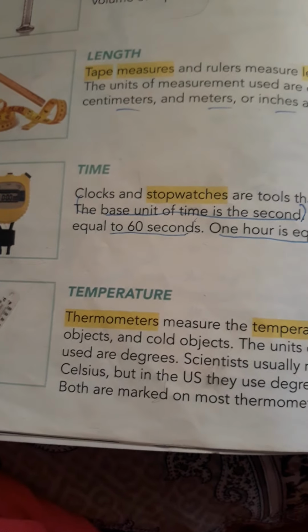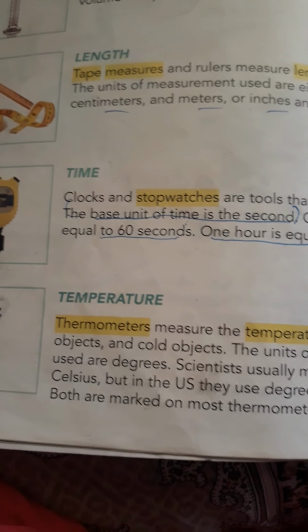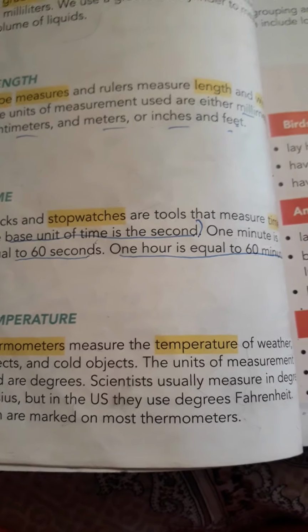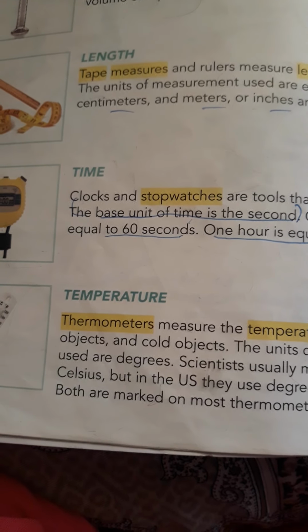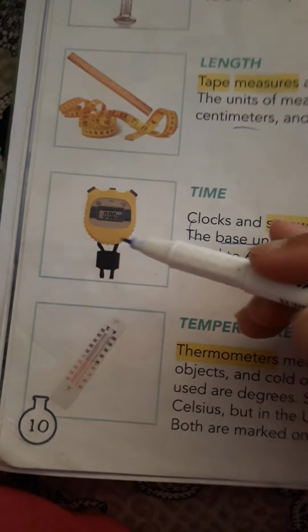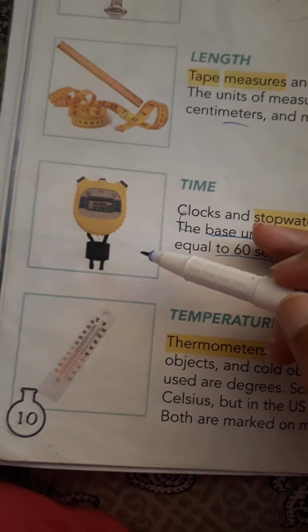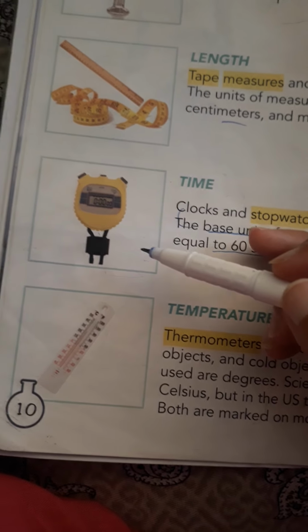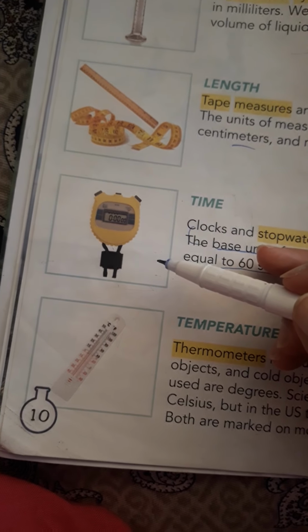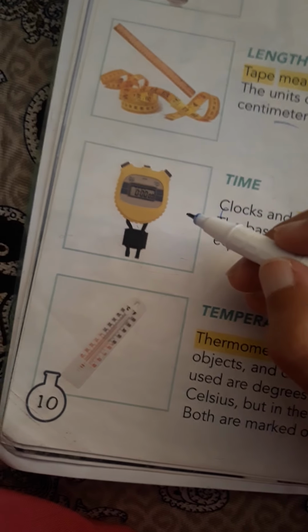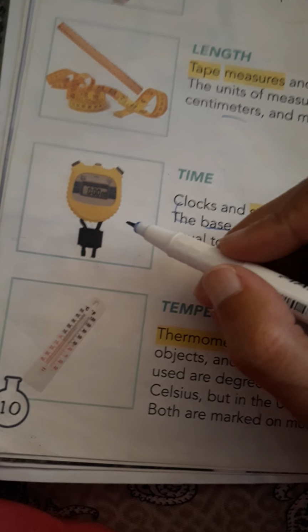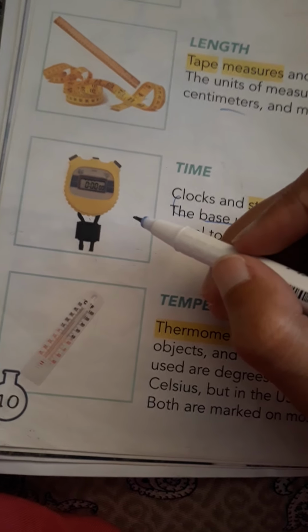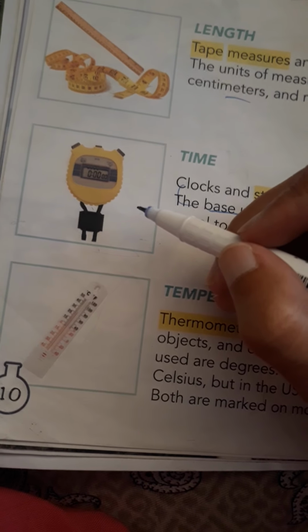Okay, 60 minutes combined together form 1 hour. Time is measured by using instruments called clocks, watches, or stopwatches. Clocks and watches are used in daily life, but a stopwatch is used in labs. Most of the time stopwatches are used in the physics lab.